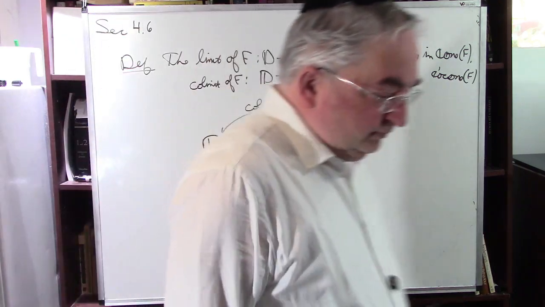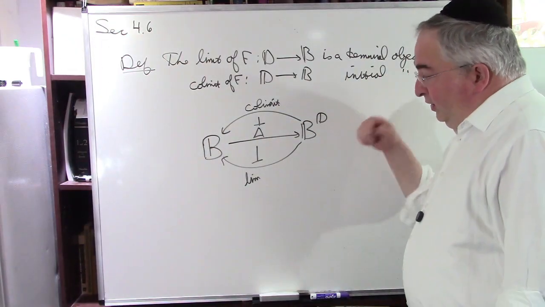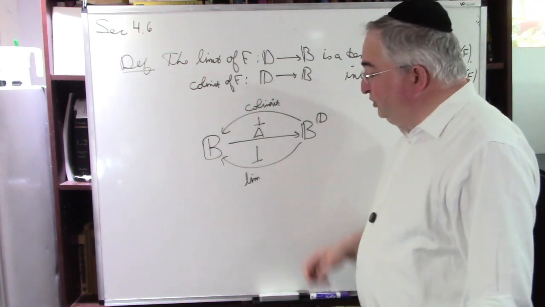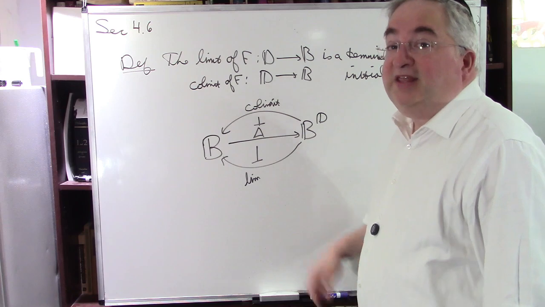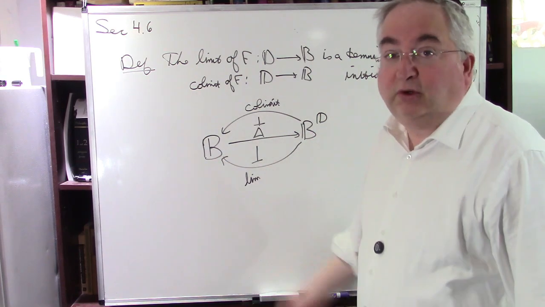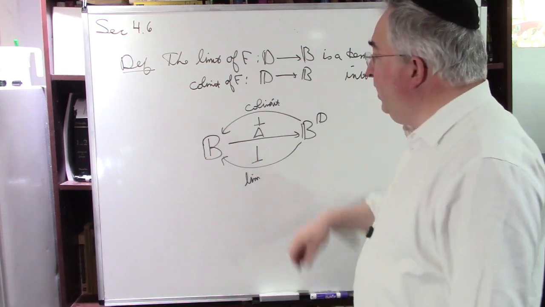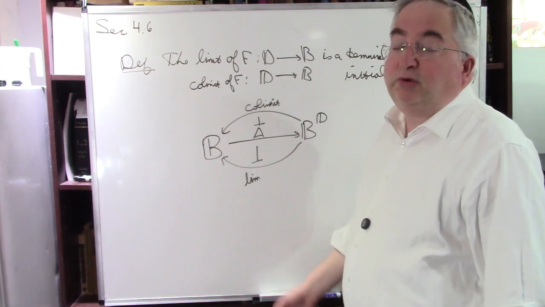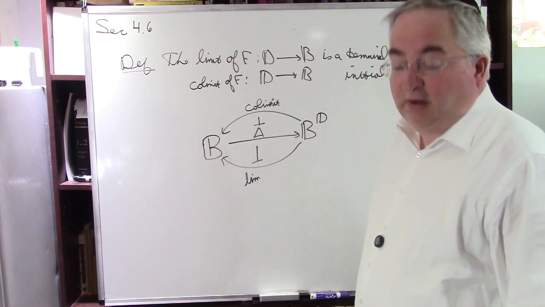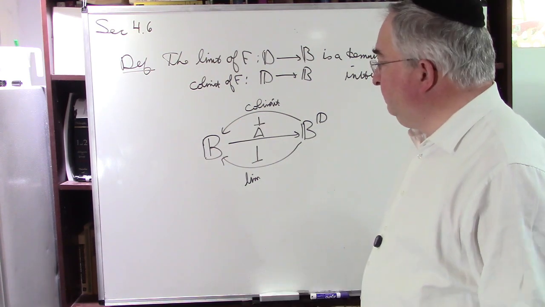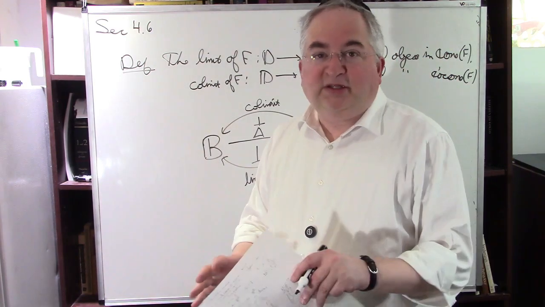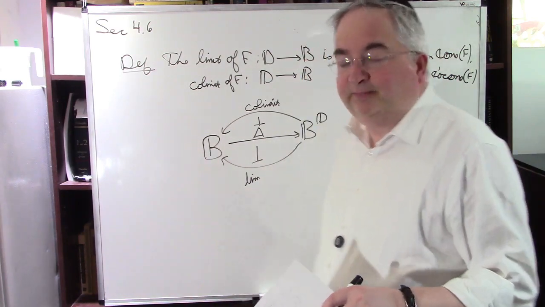And this statement that the limit is unique up to unique isomorphism corresponds to the fact that this adjoint is unique up to a unique isomorphism. The fact that colimits are unique up to a unique isomorphism corresponds to the fact that left adjoints are unique up to a unique isomorphism. So all these different concepts are really the same thing. They're stating the same thing. Okay, great.